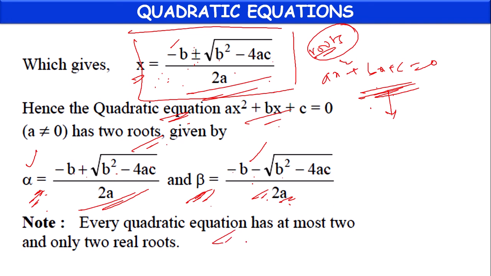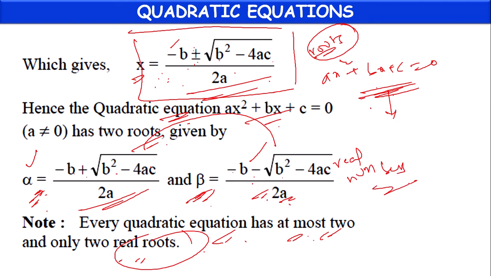A quadratic equation can have at most two real roots, and these two root values are real numbers.